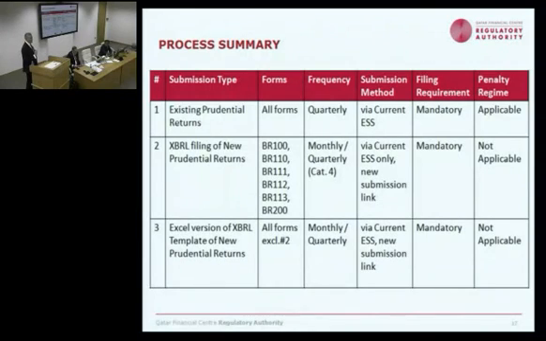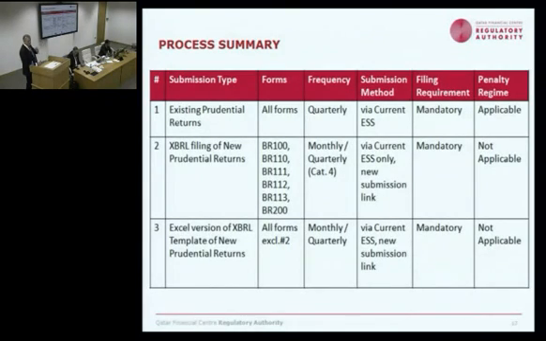We will finalize the rest in July. That's mandatory, and there is a penalty regime, as always. XBRL filing, phase 1, only these. So that will be for December, January, and February. Only these returns, monthly or quarterly for the Cat 4s.